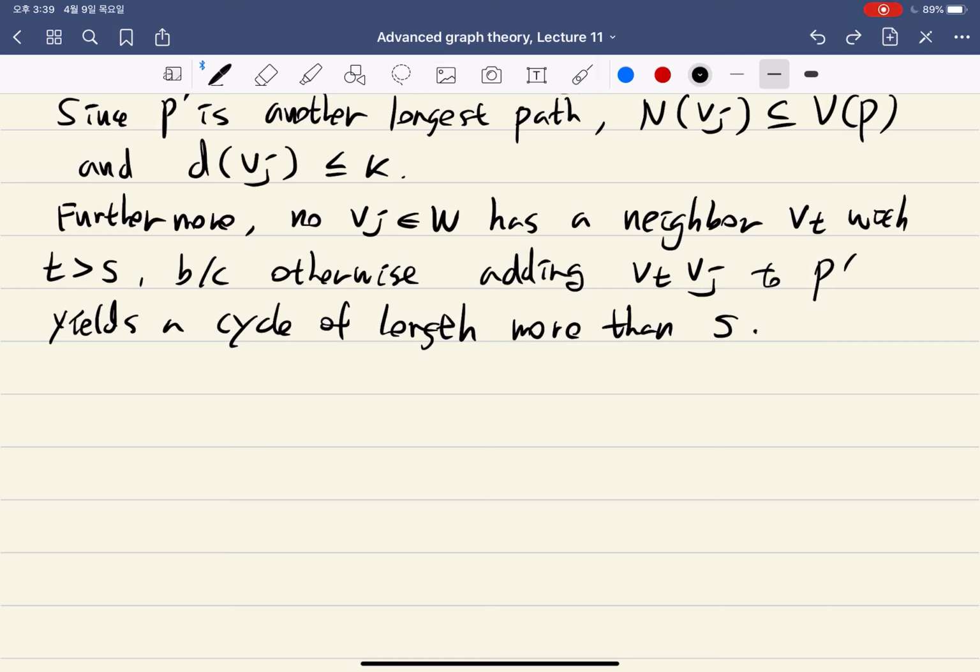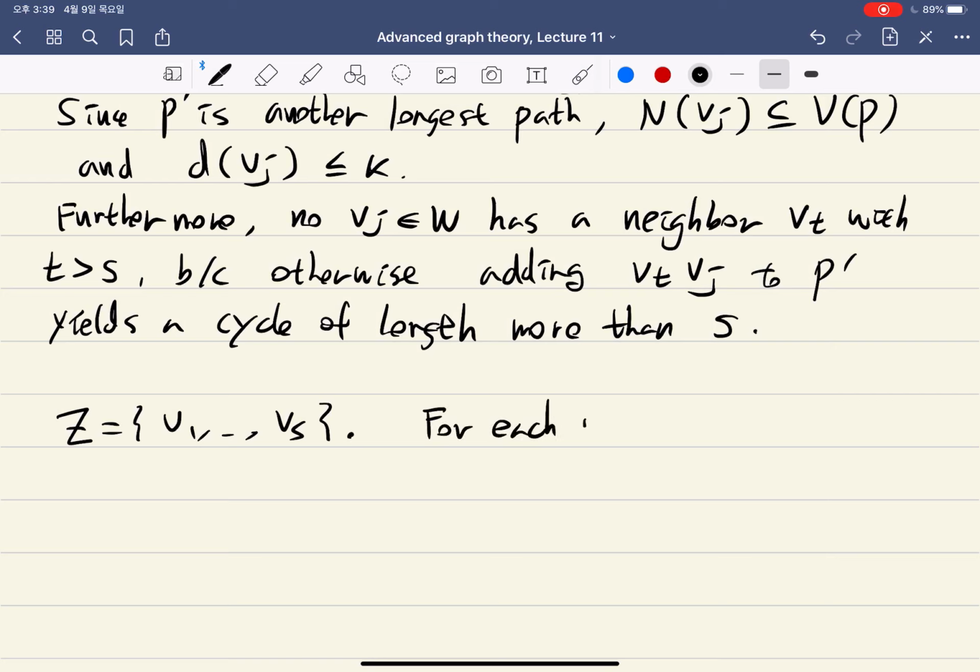So now let's say capital G be the first S vertices. Then what do we know?